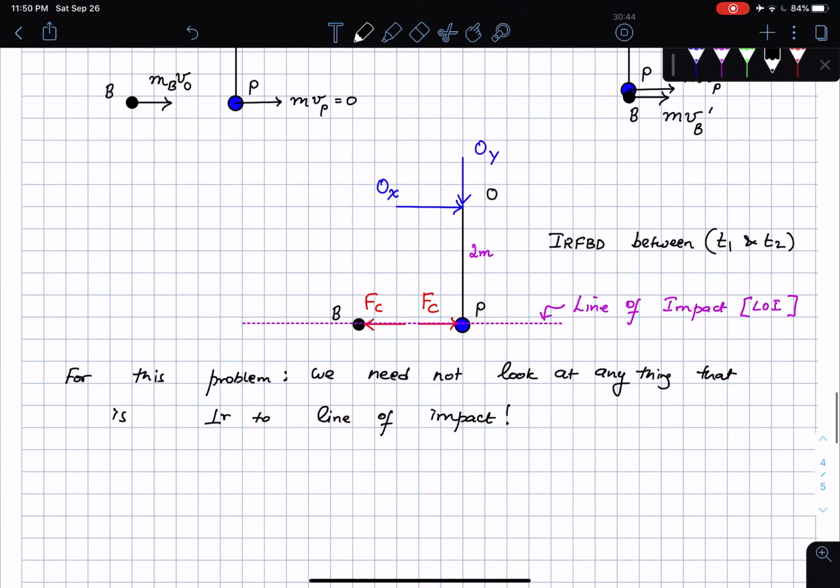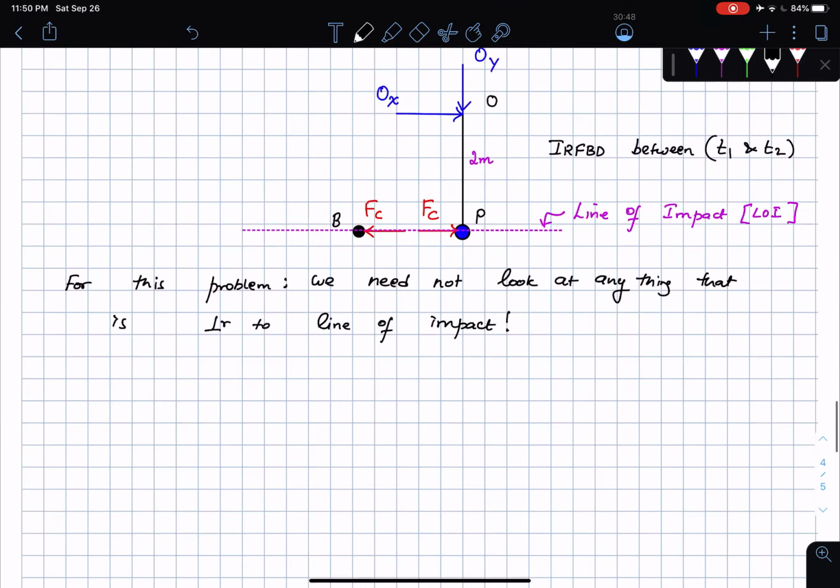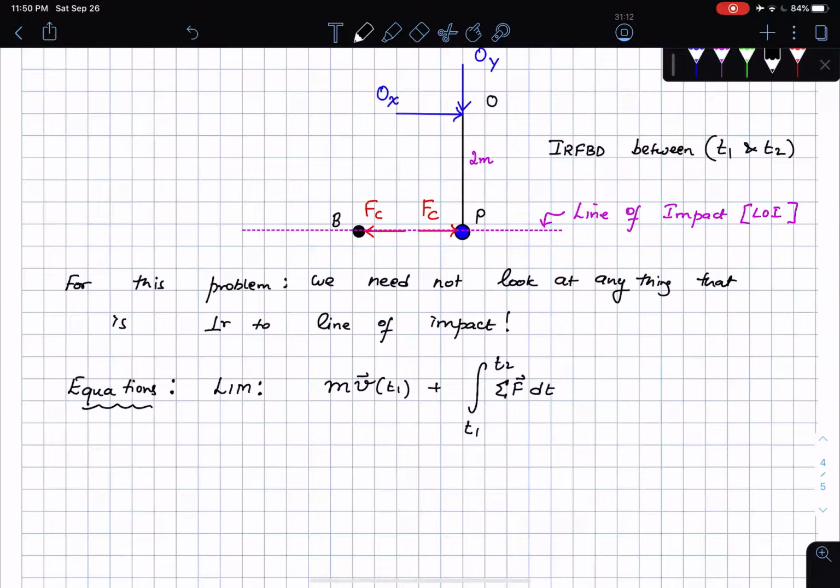And so what am I going to do? I'm going to make use of my equations. So what are our equations? I'm going to have the linear impulse momentum equation, which is going to be m times v at t1 plus the integral from t1 to t2 of the net force dt is equal to m times v at t2, which is the linear momentum at time t2.